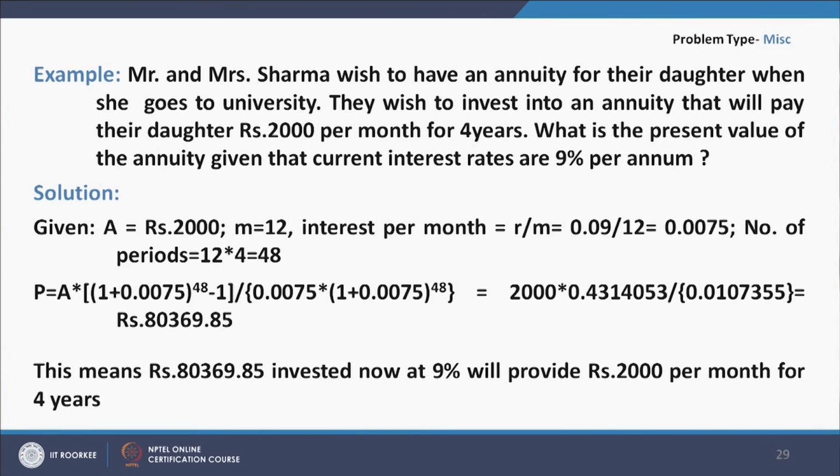So, we have to pay per month up to 4 years, the number of periods is 48. We use this equation which relates P to A and put the values, and P comes out to be 80,369.85. This means if rupees 80,369.85 is invested now at 9%, it will provide rupees 2,000 per month for the next 4 years.